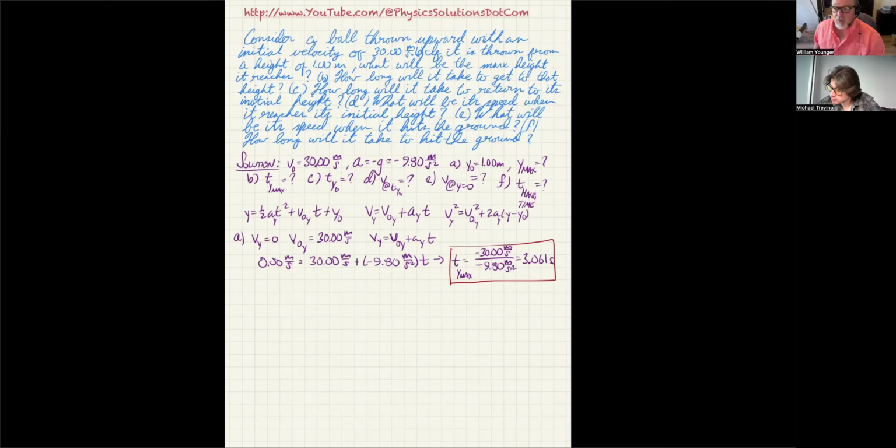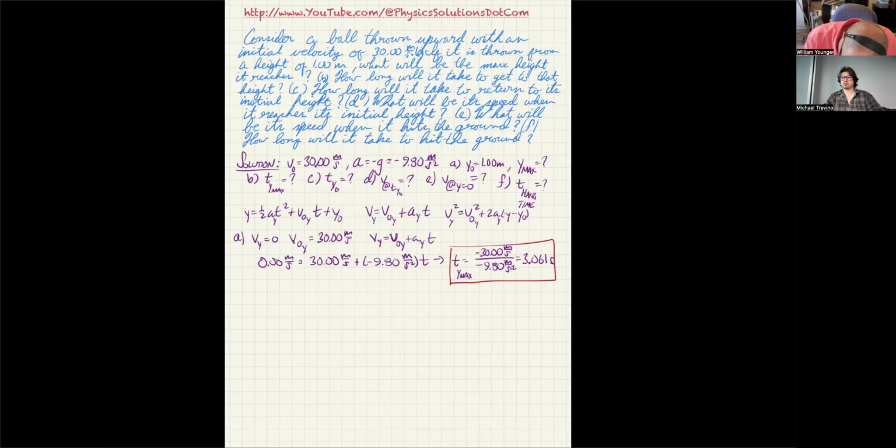So in this case, we're actually trying to figure out how long it's going to take for it to go from 1 meter, reach its max height, and then come back to the 1 meter height. Well, to do that, I need to tie in the vertical position along with the vertical velocity.